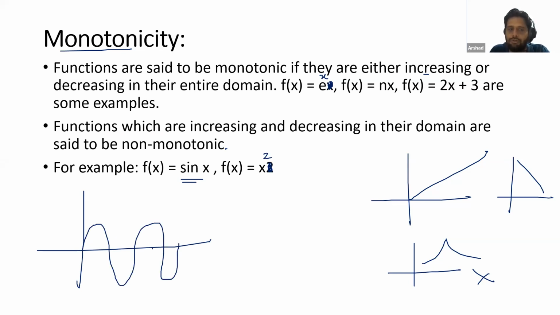So that's why it is not monotonic. Similarly for x squared, the graph is like this, so it is increasing as well as decreasing. So that's why it is not monotonic. So what is monotonic? Which is either increasing or decreasing, but not both. Please note this down, raise your hands once it is done.